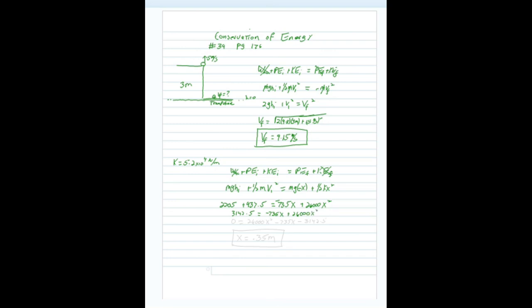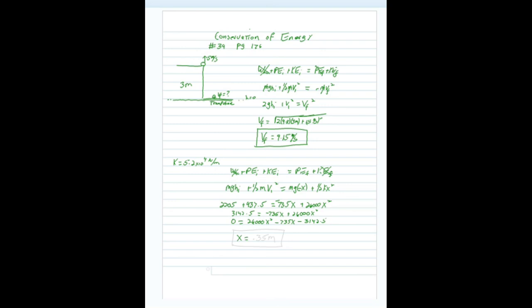I'm going to bring the 3142.5 to the right side. So 0 equals 26,000 x squared minus 735x minus 3142.5. That's all equal to 0. We need to solve this for x. It's obviously quadratic, so we have to use the quadratic formula here.